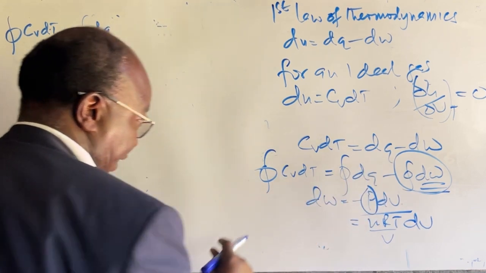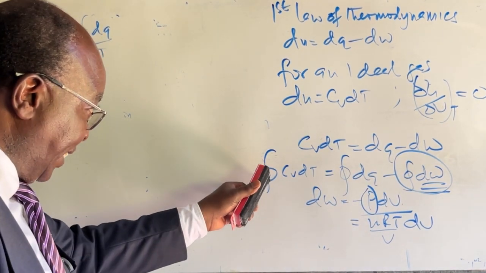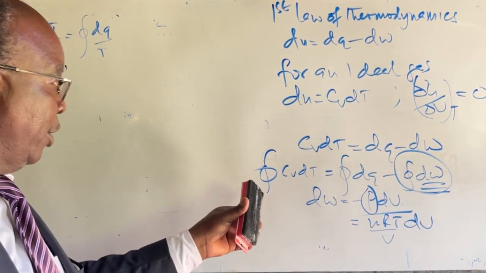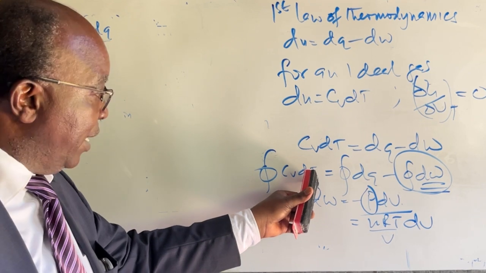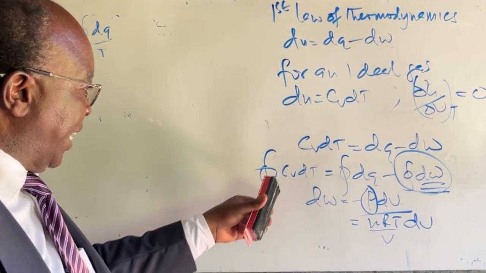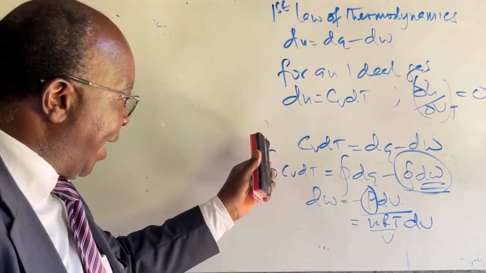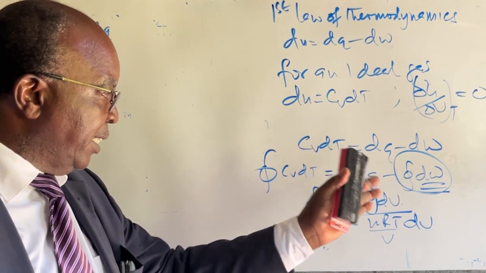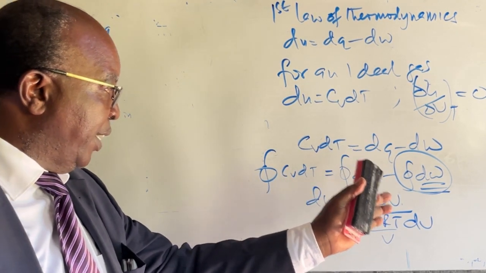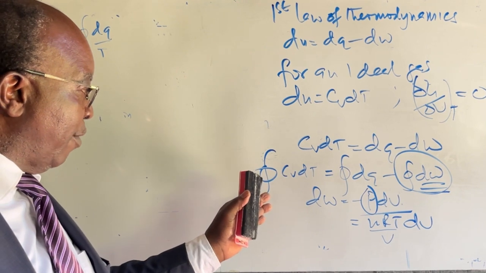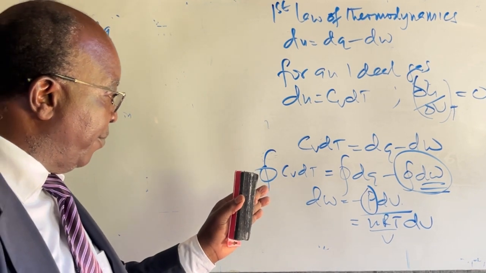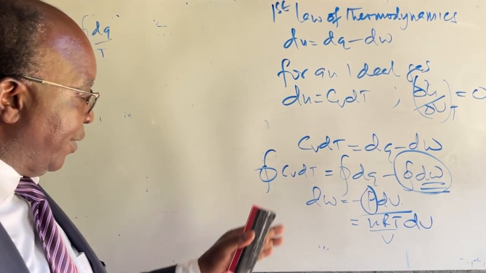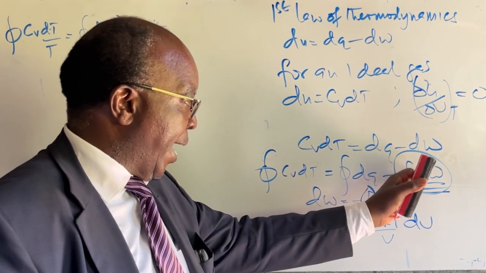This is integrated over the whole cycle, so that the Cv dT integral breaks into four line integrals. That's Cv dT from state point 1 to 2, Cv dT from state point 2 to 3, Cv dT from state point 3 to 4, and Cv dT from state point 4 to 1. The same applies for dQ and dW.